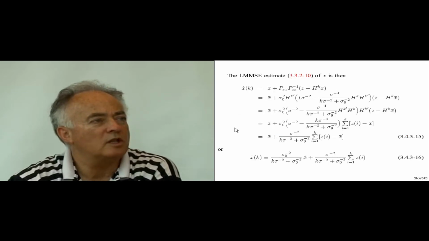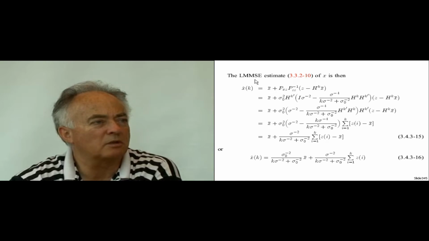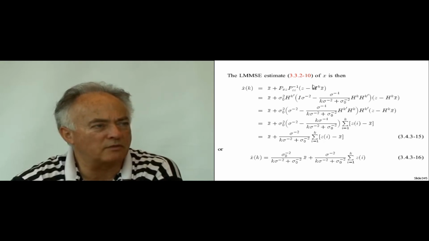And the linear minimum mean square error estimate is X bar. X hat K is X bar, the prior mean, plus PXZ, PZZ inverse, times Z minus H super K X bar. So all these terms now are available.